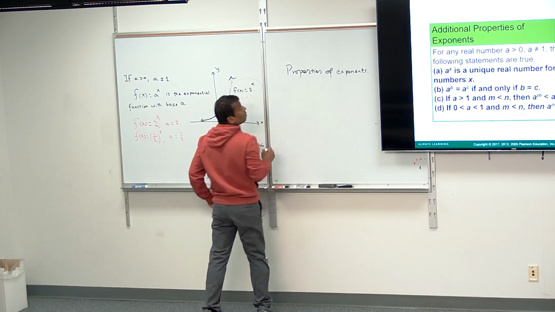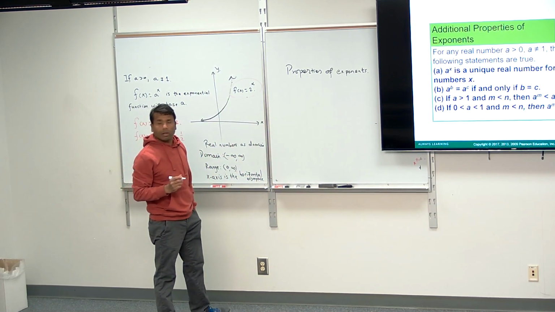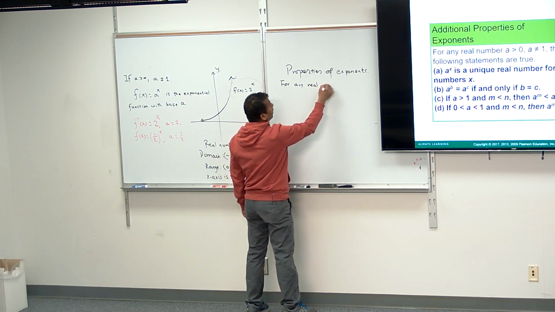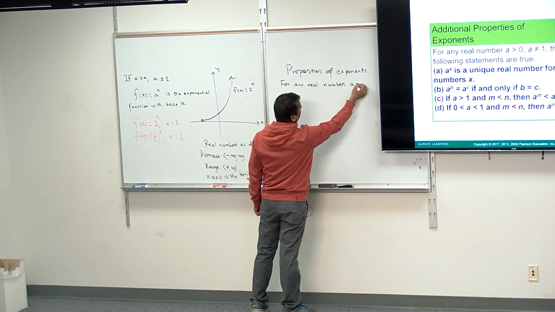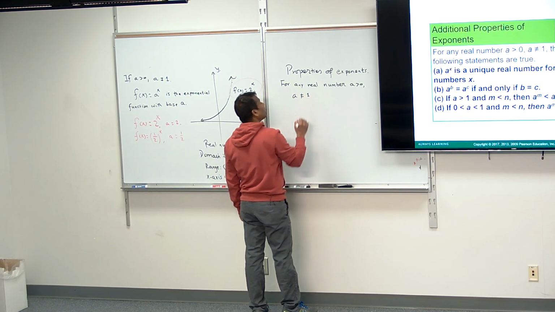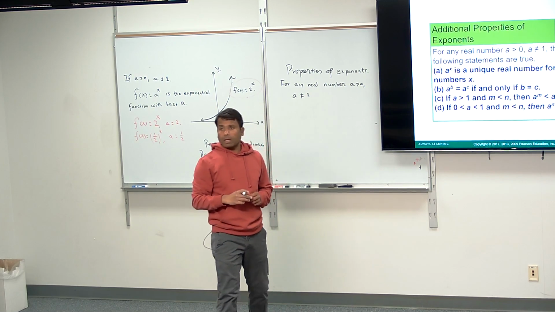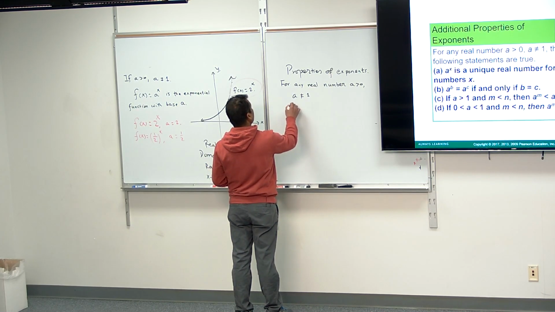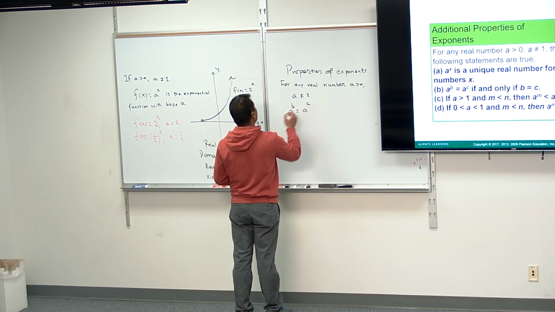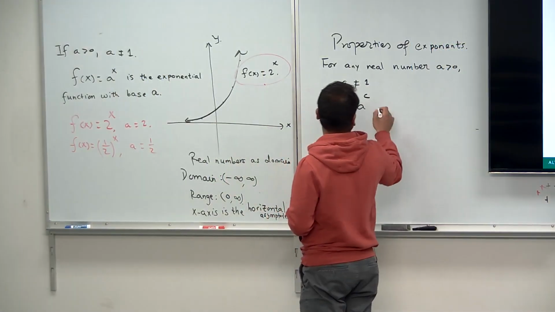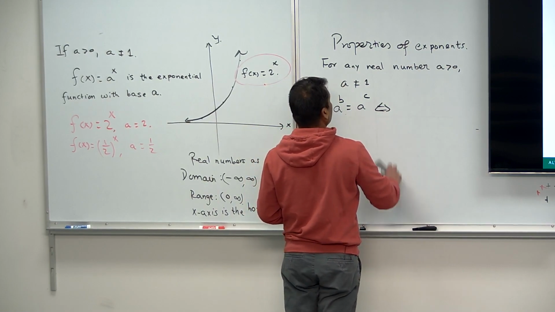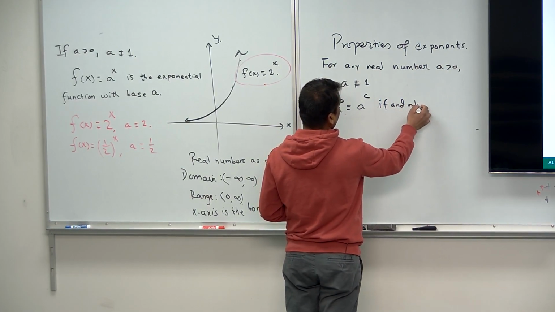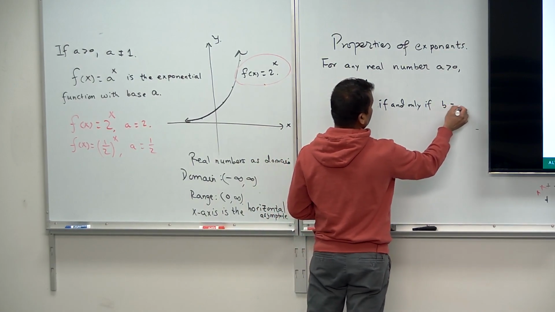For any real number a positive and a is not equal to 1, if you have a to the power b equal to a to the power c, this is if and only if b equals c.